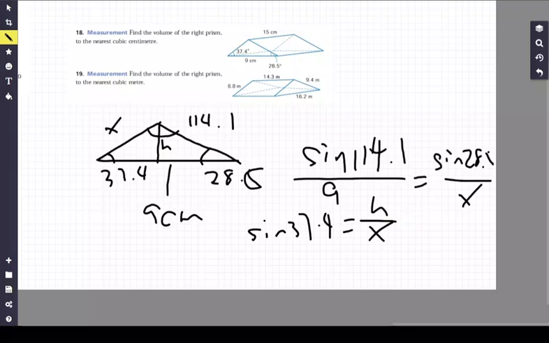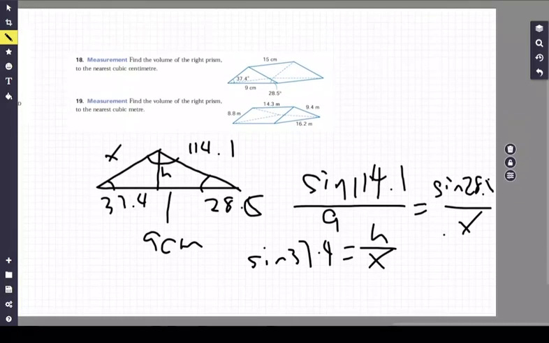I saved this x value in my calculator, so I can directly multiply that by sine of 37.4 degrees, and we get 2.85739991. That is our height. So finally, we have found one variable of this entire thing.